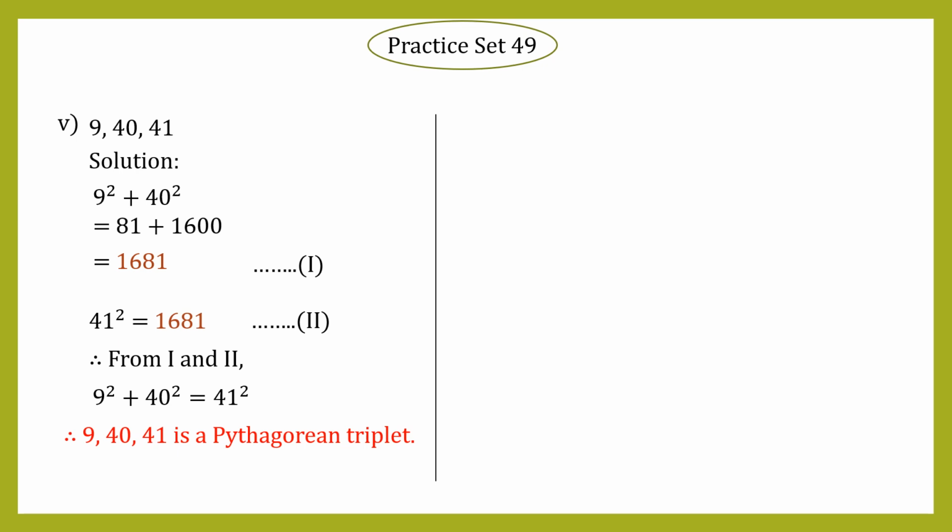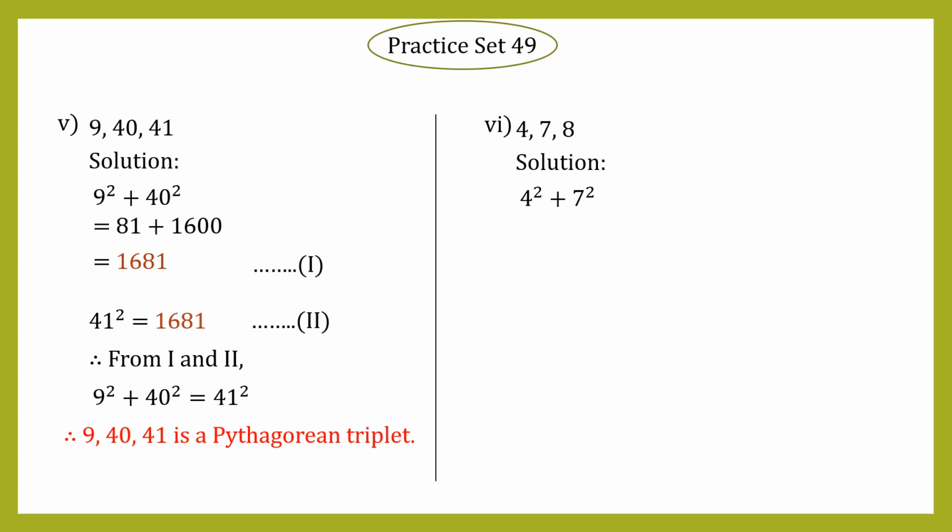Let's move towards the next sub-question. Sub-question 6: 4, 7, 8. Let's check whether 4, 7 and 8 is a Pythagorean triplet or not. Now you will tell me what is the first step. The first step, yes, we need to take up the sum of squares of the two smaller numbers, that is 4 and 7.